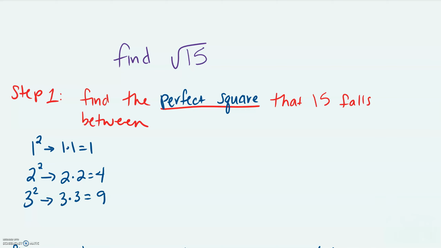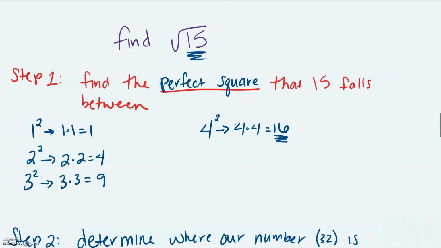Not quite 15, but we're getting closer. So 4 squared, 4 times 4, gives us 16. 16 is greater than 15. What this means is that my solution is going to be somewhere between 3 and 4.